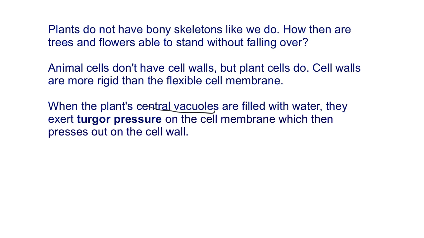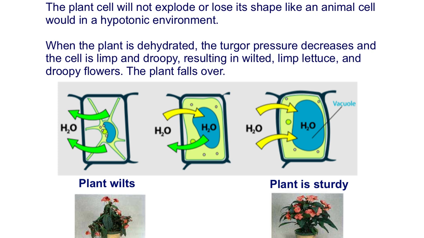And that's how a plant can be stiff and stand up. When there's not enough water in the central vacuole, the plant gets limp. And you can see that in Florida on hot days where the soil is dry, the plants are just limp. And here's a picture of what's happening.